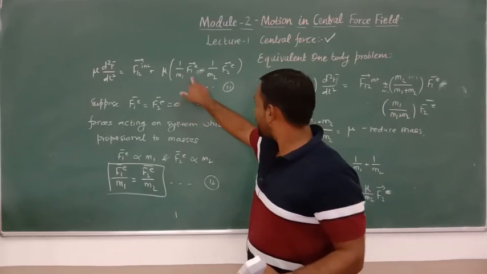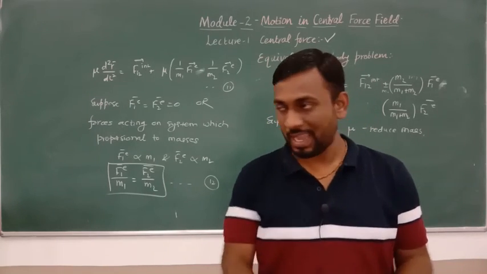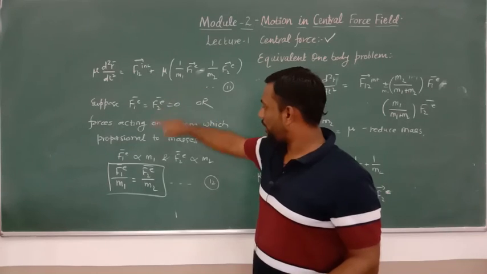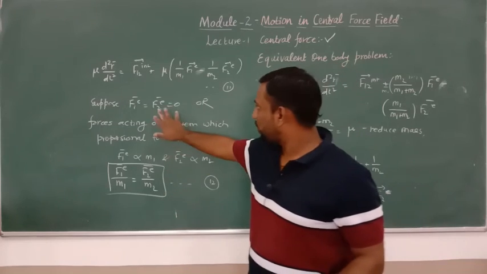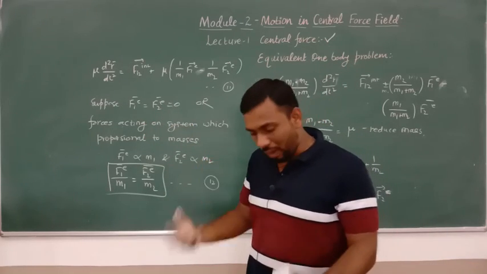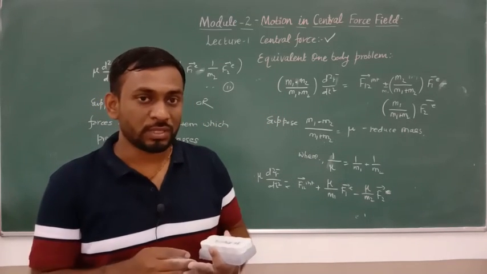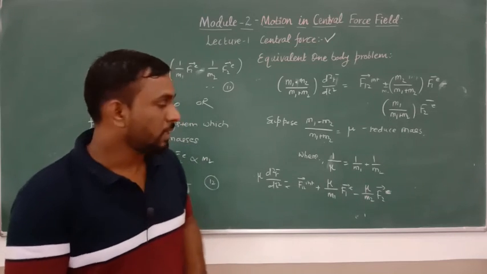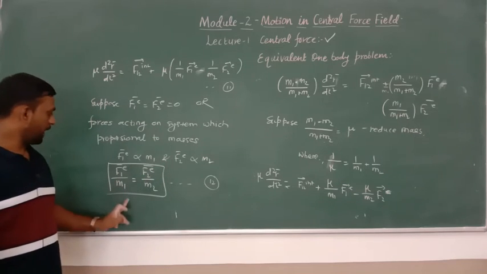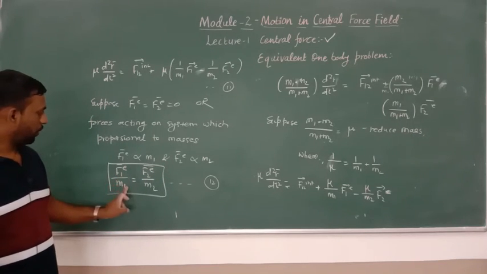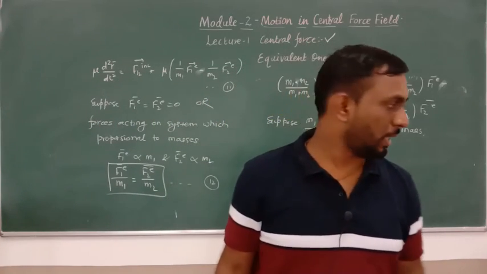The forces F1 and F2 are proportional in such a way that they produce the same acceleration, since the ratio of F1 to M1 and F2 to M2 is again the same. So the forces acting on the system of these two particles are such that they produce acceleration of the same magnitude, so the forces are proportional to their masses, and we can write this equation as it is. And again it is the reflection of Newton's second law of motion. We already talked about this.